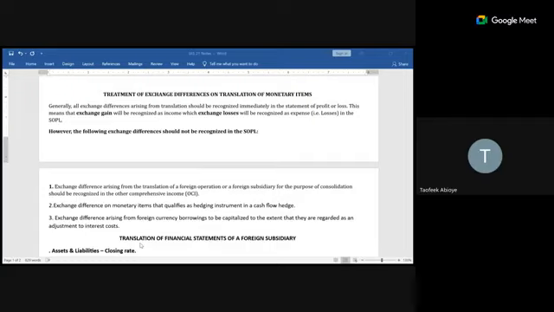So the third one is exchange difference arising from foreign currency borrowing. I think we are conversant with this. This is IAS 21 borrowing cost. Although in the majority of the questions we solve in ICAN, it is usually not foreign currency borrowing; it is usually naira borrowing, which means we borrowed in naira.